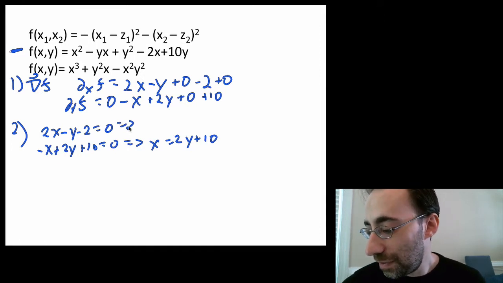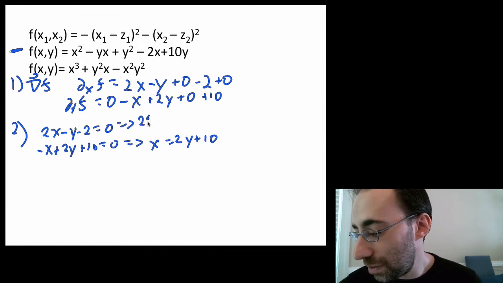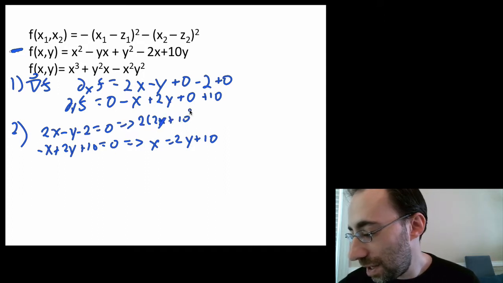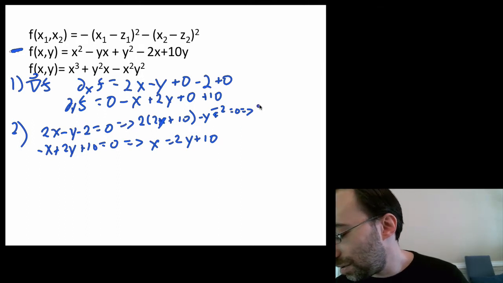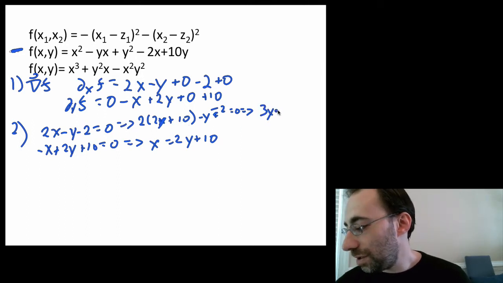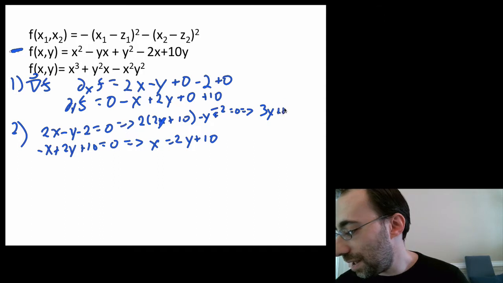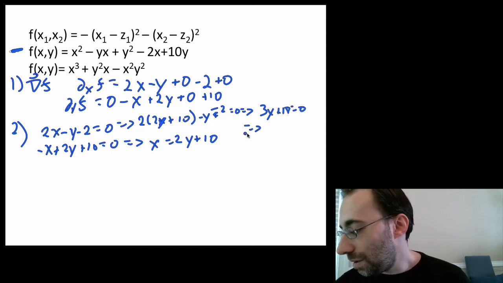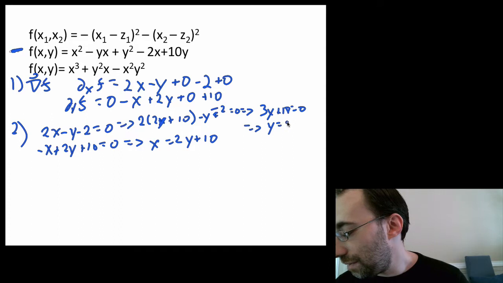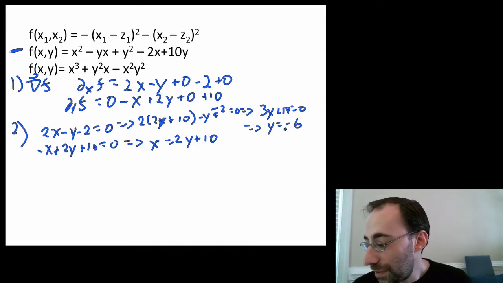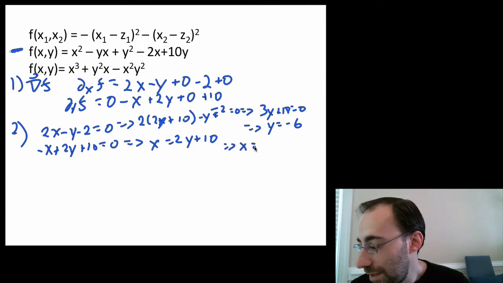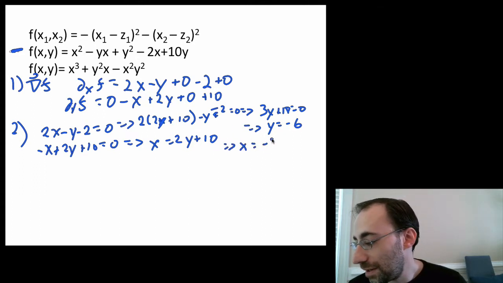That implies we can plug it in over here to get 2 times (2y plus 10) minus y minus 2 equals 0, which implies 4y minus y is 3y, 20 minus 2 is 18, so it's 3y plus 18 equals 0, or y equals negative 6. And then we can plug negative 6 over here, which implies x equals negative 12 plus 10 is negative 2.